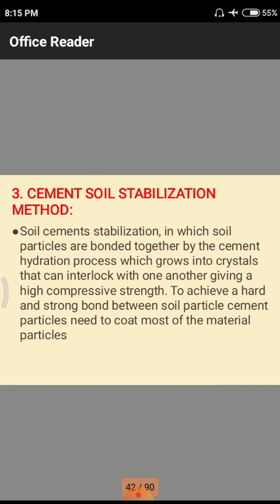Lime is a very cheaply occurring material. Why? Because lime is obtained from limestone, after burning limestone at temperatures of 400 to 600 degrees, the limestone will form lime.